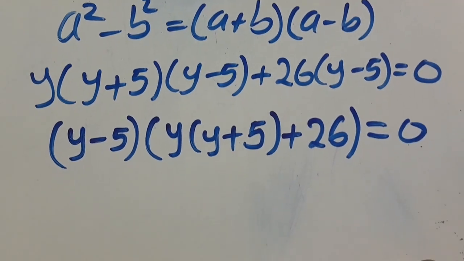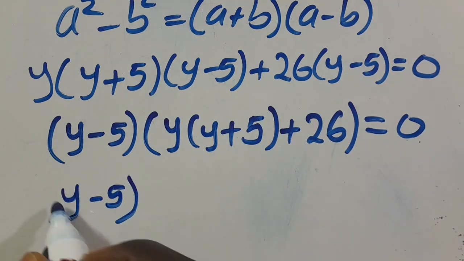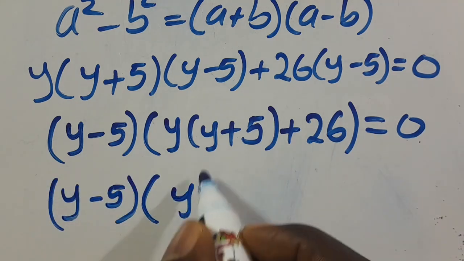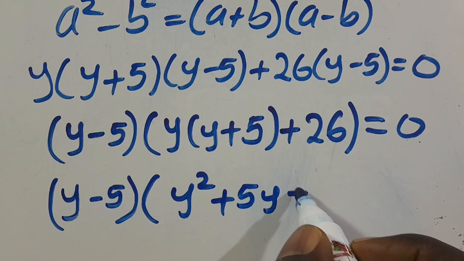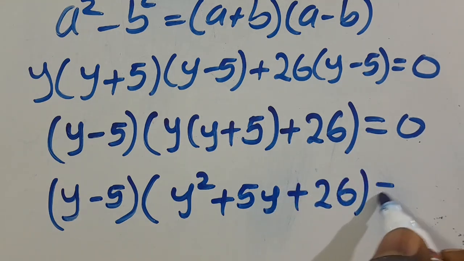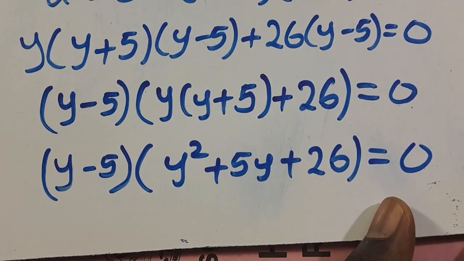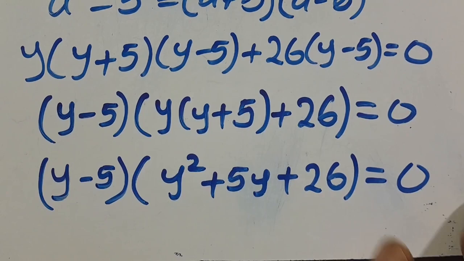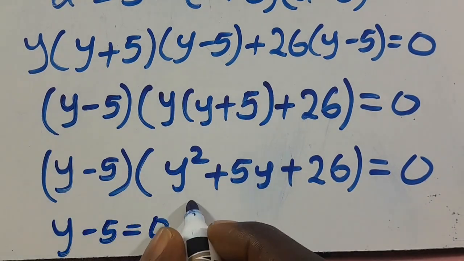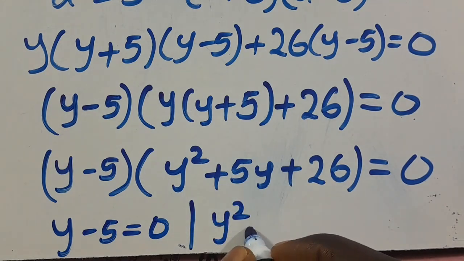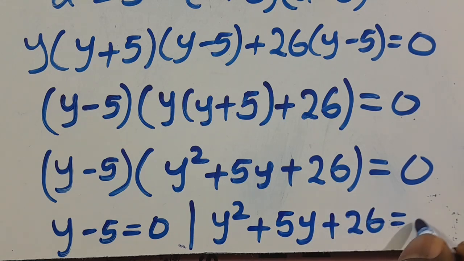Then everything equals 0, so we have y minus 5 times y squared plus 5y plus 26 equals 0. For this expression to be equal to 0, either y minus 5 equals 0, or y squared plus 5y plus 26 equals 0.